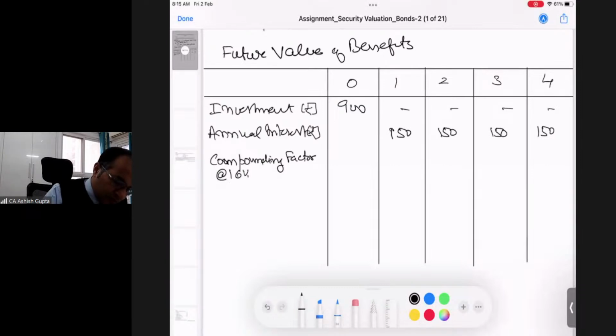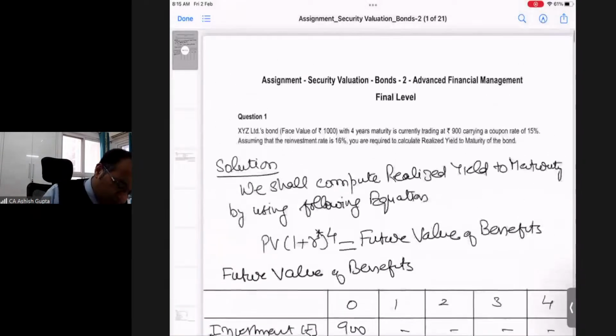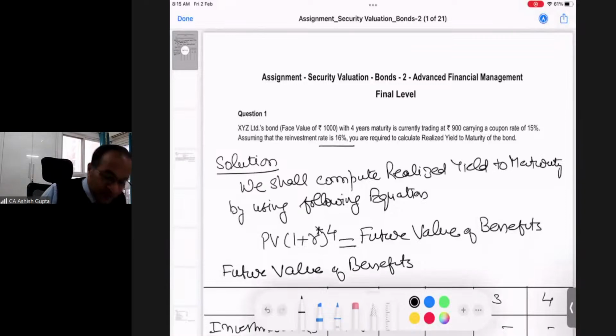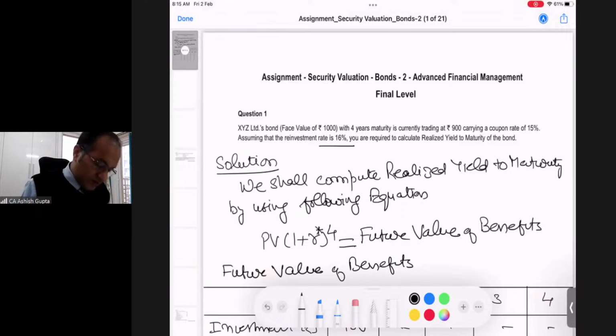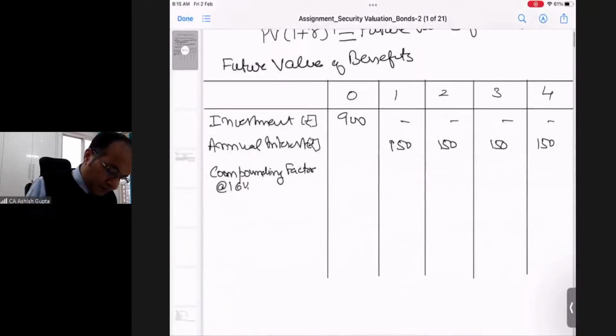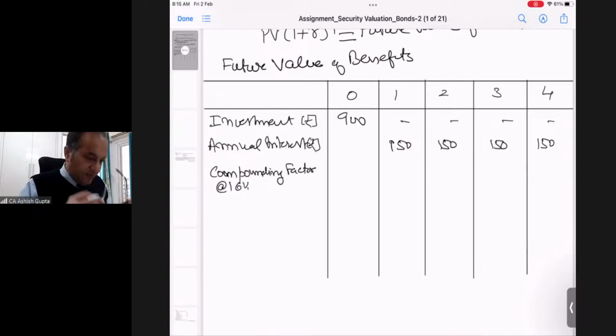Here, student, please note, I need to draw your attention. The reinvestment rate is 16%, so we shall compound at 16%. Now, when we calculate the realized yield, we move in the reverse direction. How do we move in the reverse direction?